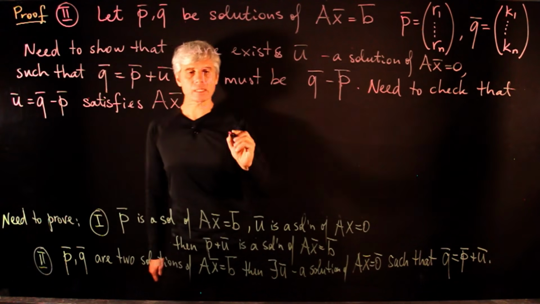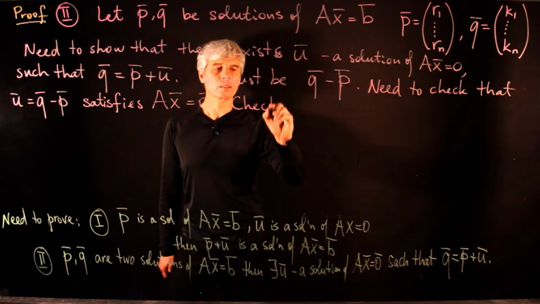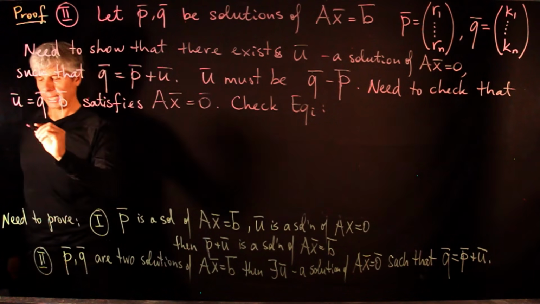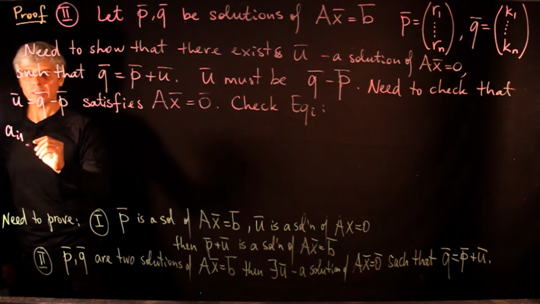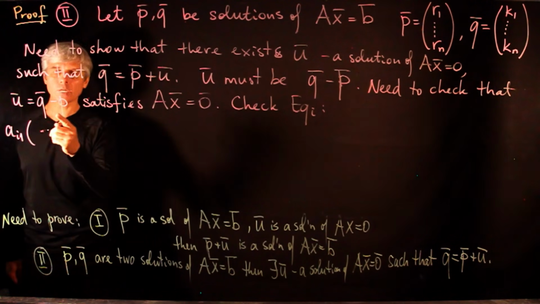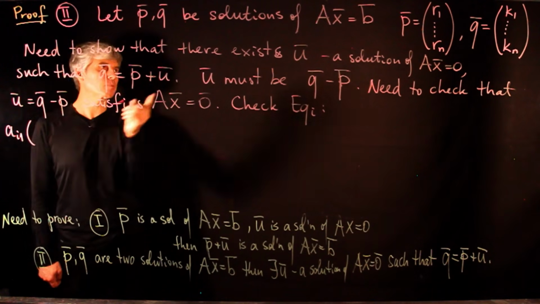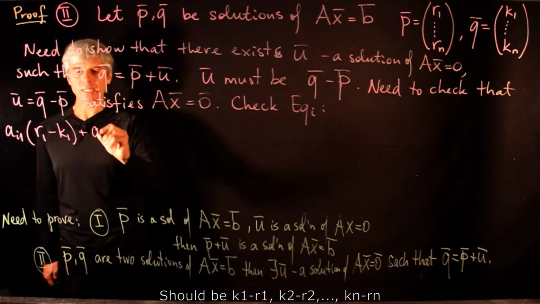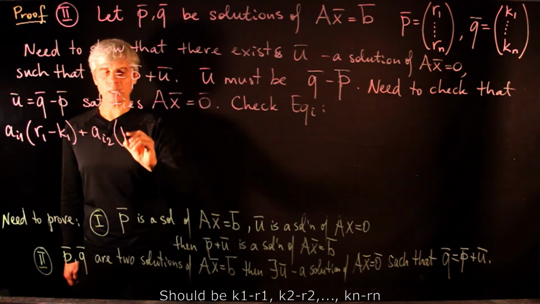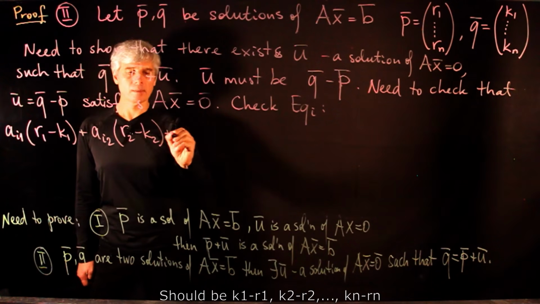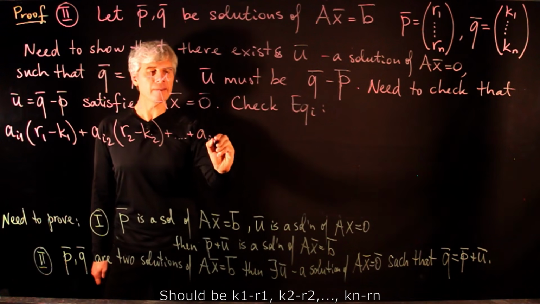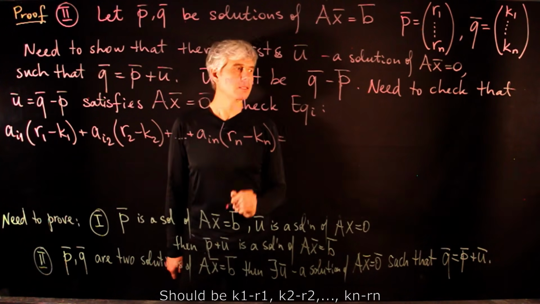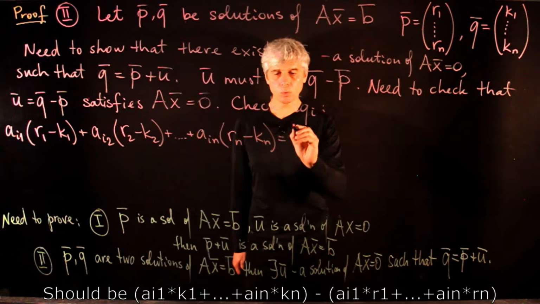Now, let us check equation number i. So we have ai1 times, what's the first component of u, which is q minus p? So it's r1 minus k1, plus ai2 times r2 minus k2, plus ain times rn minus kn. Now we split this into two parts.